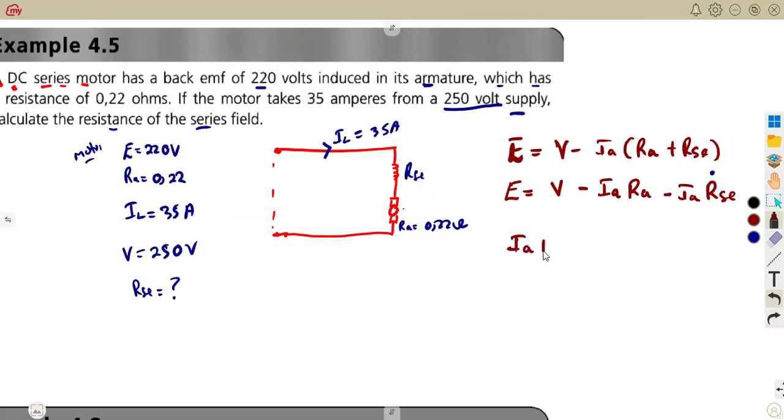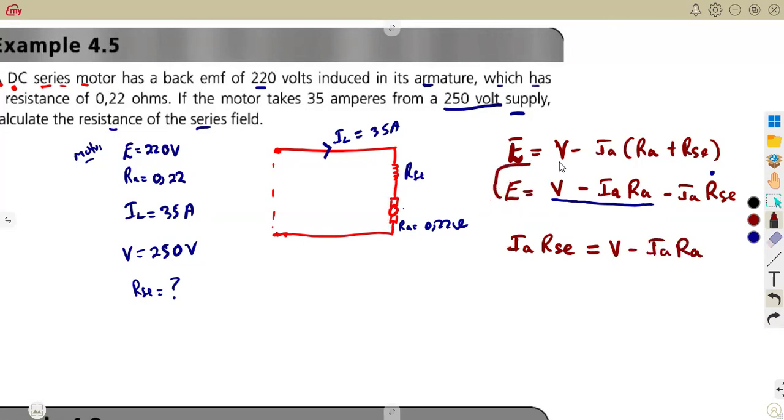So it's going to be armature current times the series field resistance is equal to what? We have taken this part, it has crossed the equal sign, so it becomes a positive. So meaning to say you are going to remain with what? This part, which is V minus armature current times the resistance of the armature.